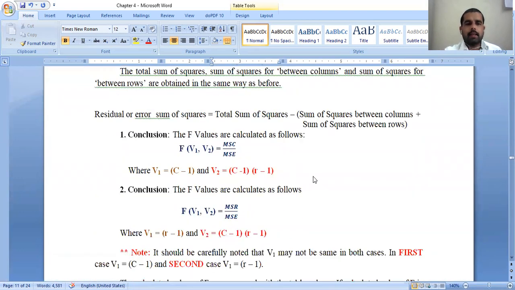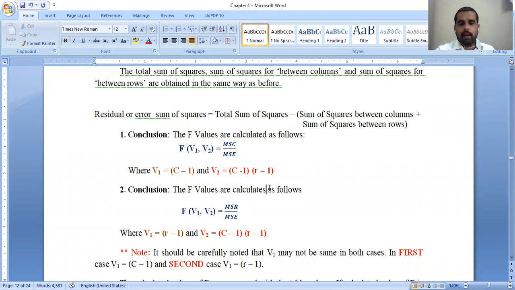The next, conclusion number 2. After writing conclusion 1, MSC divided by MSE, you will get some value. That value should be compared with the 5% or 1% ANOVA table value based on the given question. After that, go for conclusion number 2, where the F value is calculated as follows: MSR divided by MSE.